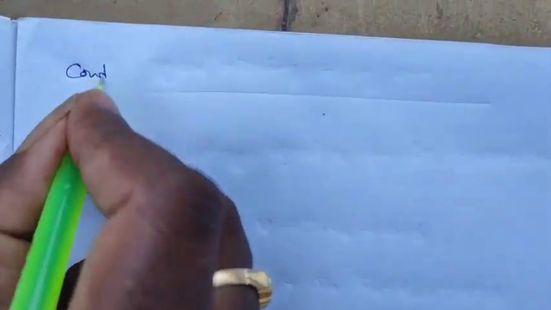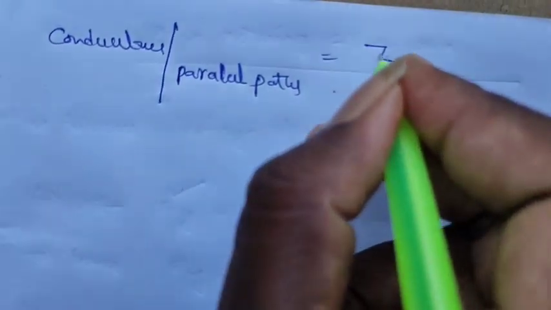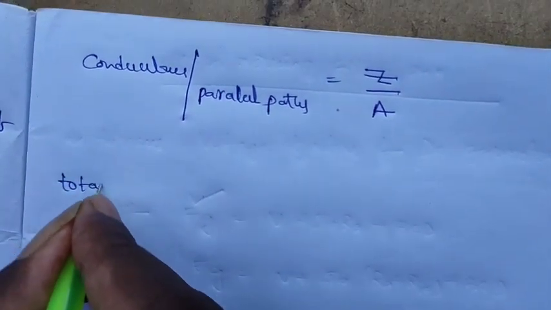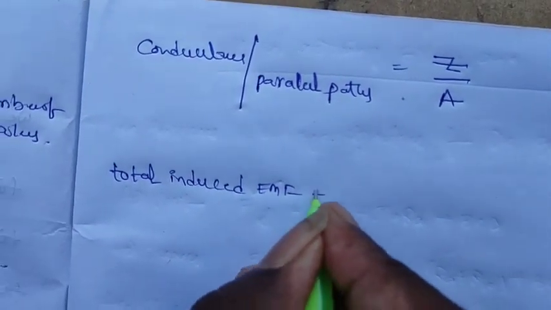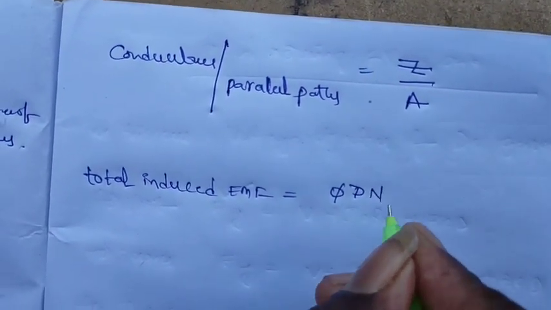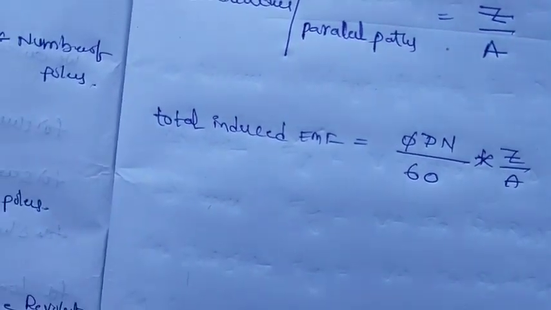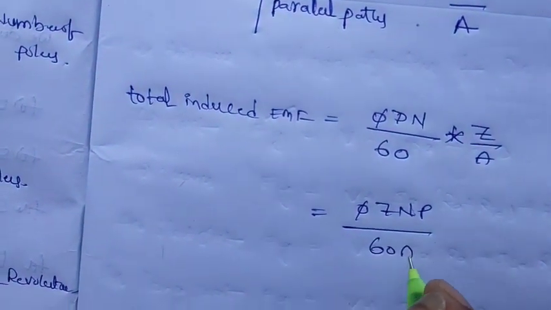So conductors per parallel path is equal to Z by A. So total induced EMF equal to φPN divided by 60 into Z by A, that is φZNP by 60A.